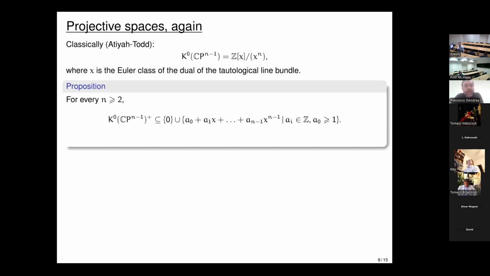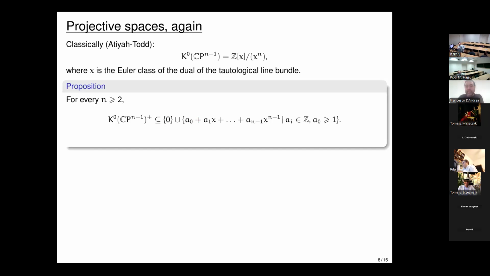But the positive cone is not obvious. So in the case of classical projective space, you can prove that the positive cone is contained in the following set. The set on the right-hand side contains 0 and is the set of all truncated polynomials such that a0 is strictly positive. So the constant term is strictly positive.